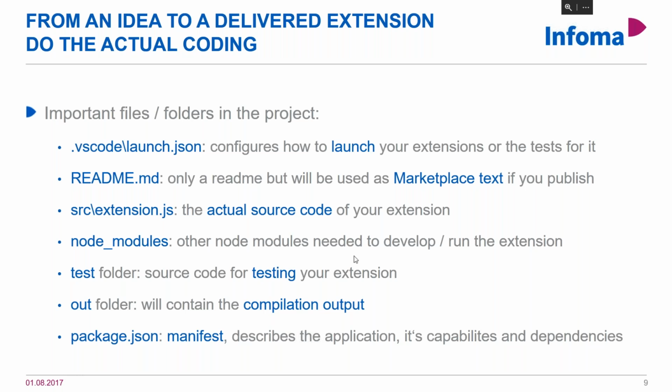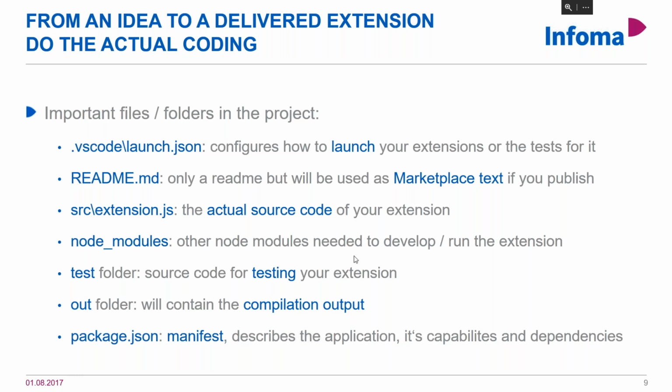We have a launch JSON file in VS Code, which some of you might know if you've been working with VS Code for AL as well, because this configures how you launch the project that you currently have open in VS Code. So in our scenario, this is configuring how we want to launch our extension, and maybe the test for this or a debug scenario or whatever, but this kind of defines what happens with your extension if you press run or debug in the VS Code environment.